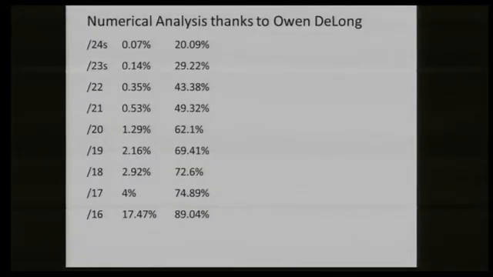My good friend Owen DeLong did some very kind analysis of this subject. What we have here are the various CIDR notations. The center column represents the number of addresses contained in that category and the ones above.